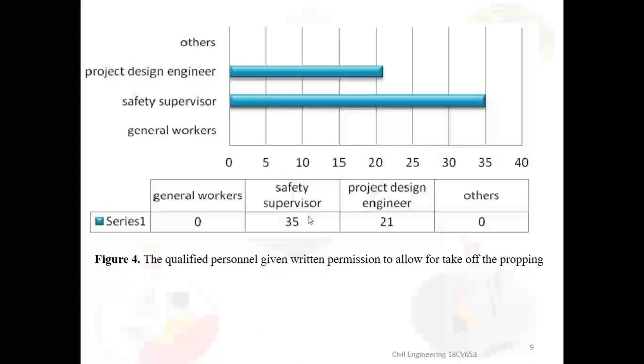So this is the response given: general workers no, safety supervisors 35, project design engineers 21, and others 0. So these are the qualified persons who give written permission to allow taking off this propping.